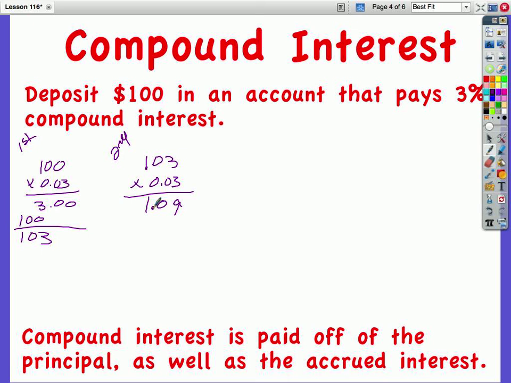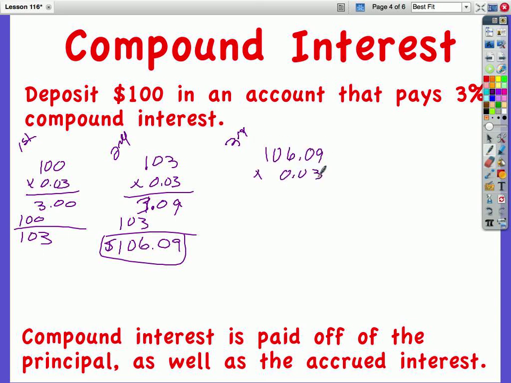So the second year I made $3.09. So I made 9 cents more than the previous year. So I add that to what my total was before. I get $106.09. Okay, so my third year, I would have to take that $106.09 multiplied by my 3%.